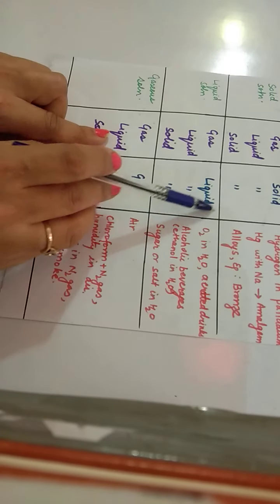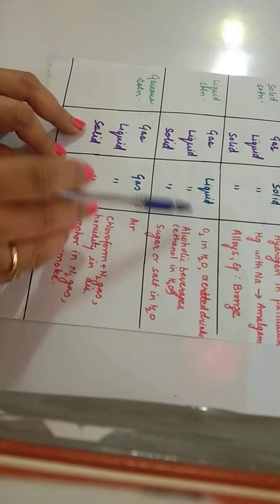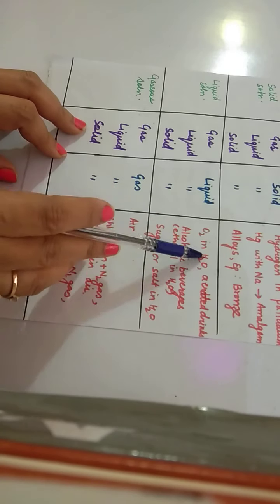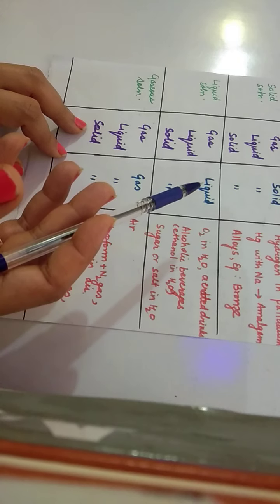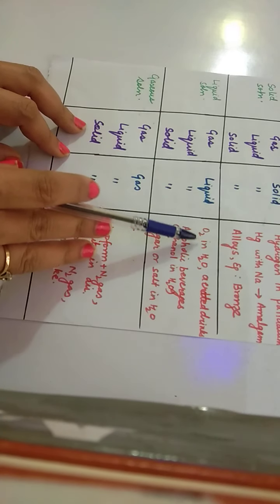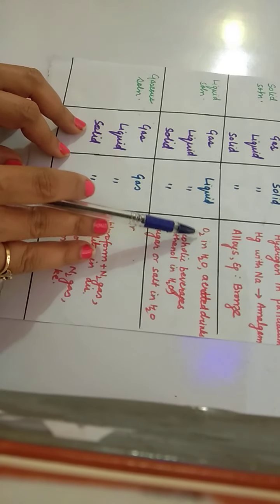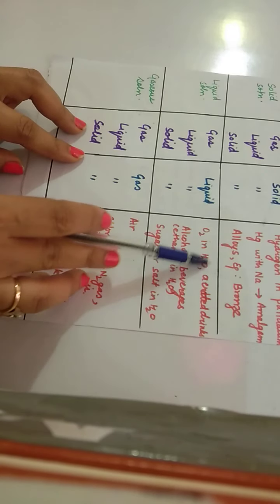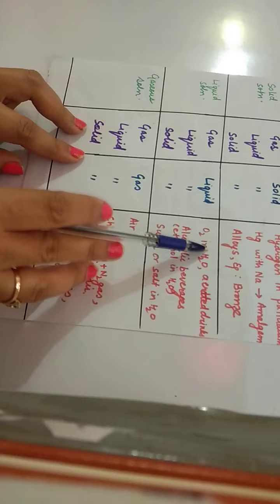So gas is dissolved in liquid, where gas is in less quantity and the full bottle is of liquid. So the example is all the aerated drinks. Or you know that oxygen is dissolved in water. Animals which live in water breathe oxygen because oxygen is dissolved in water. So gas is dissolved in liquid.